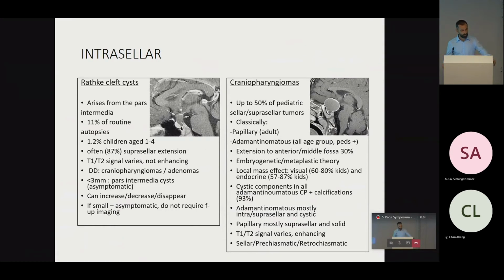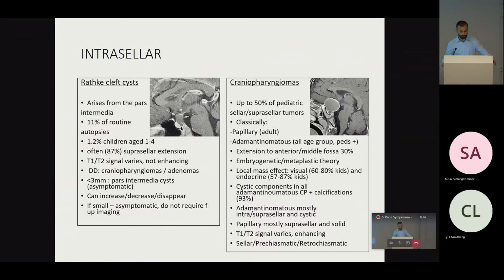About the intrasellar lesions, one pathology that I think as pediatric neurosurgeons we should keep in mind is the Rathke cleft cyst, which is a clinically benign lesion. Basically, it's not really a tumor as such. It arises, as you know, from the pars intermedia of the pituitary gland. And it's fairly common: it's been found in at least 11% of routine autopsies.